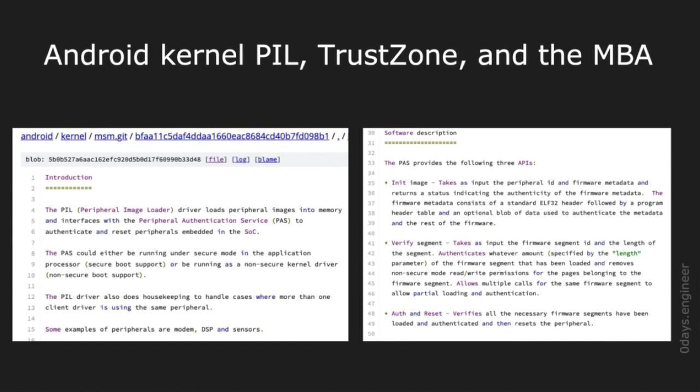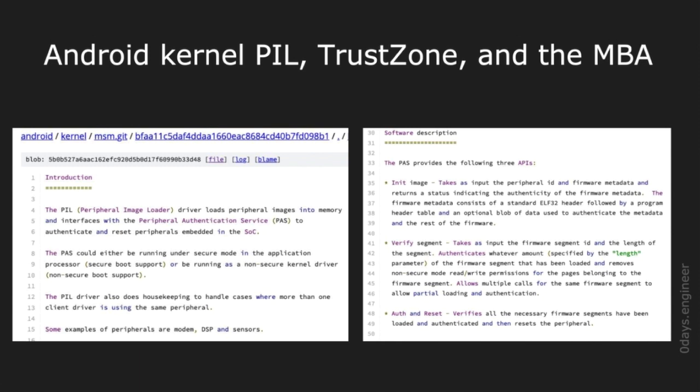In addition to production fusing, in the case of modern Androids, the baseband runs within the trust zone. And in my implementation, it is already quite locked down. The baseband uses a separate component named the MBA, which stands for Modem Basic Authenticator. And this entire thing is run by a subsystem of the Android kernel named PIL, the Peripheral Image Loader.